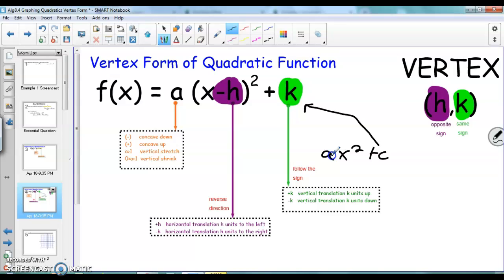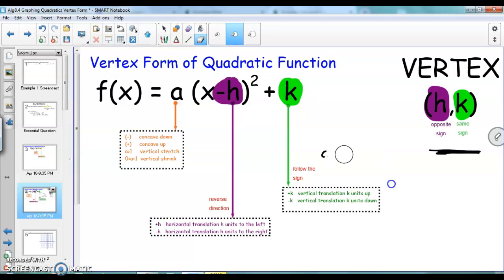Well, there is no difference, but I want to make sure you understand how they're related. Pretty much the constant that was added to the standard form of quadratic function is now just being replaced by the value of k. It's just because in some textbooks, especially in Algebra 2 textbooks, the vertex is always given by h and k, so we just want to be consistent with that.